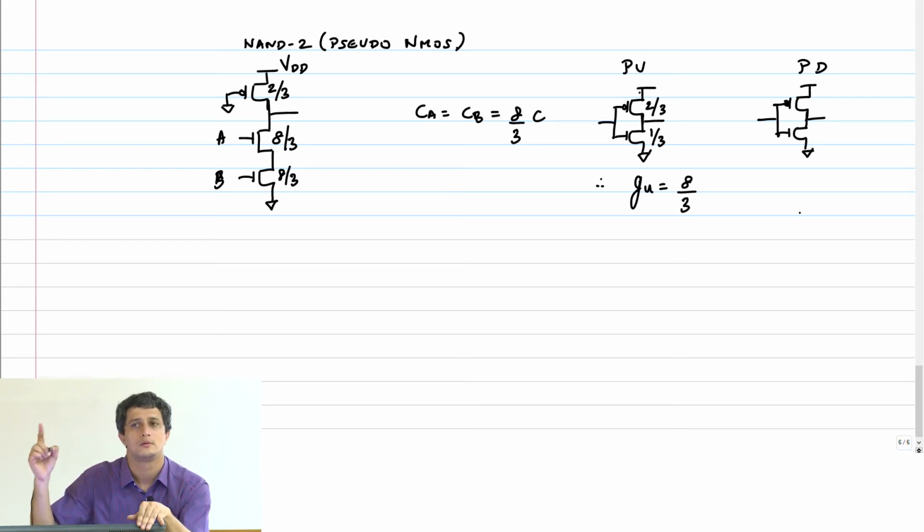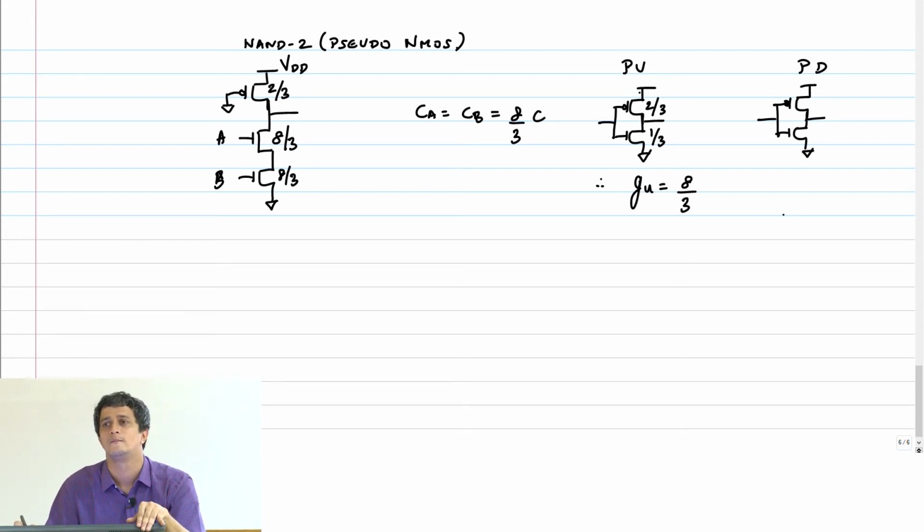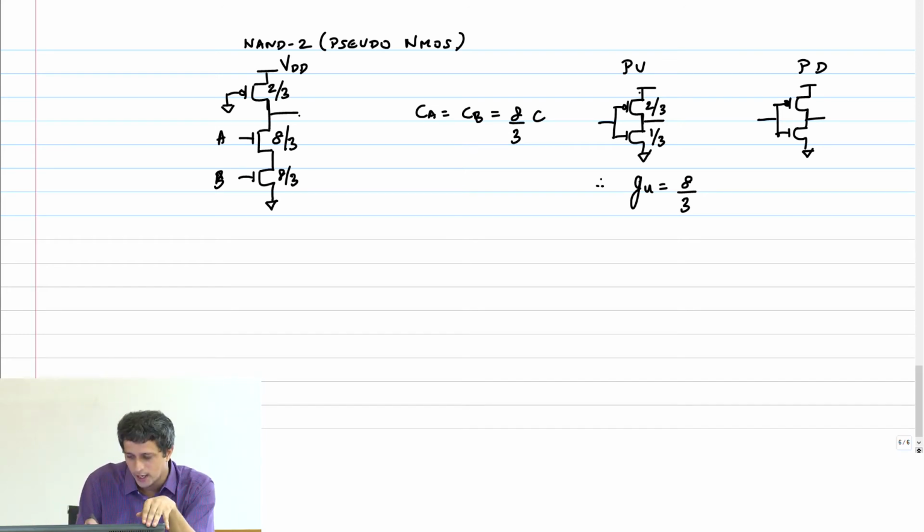What should the NMOS size be? 1. Because even here the effective current that's going to come out of my load is going to be I. This current to the NMOS will be 4 by 3 times I, and this is going to be I by 3.